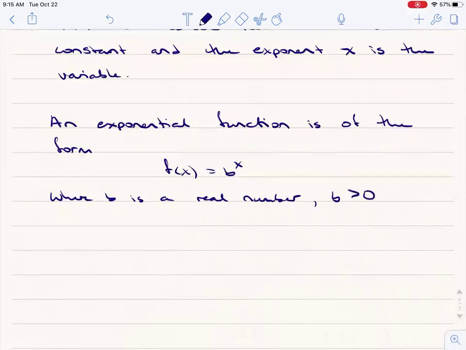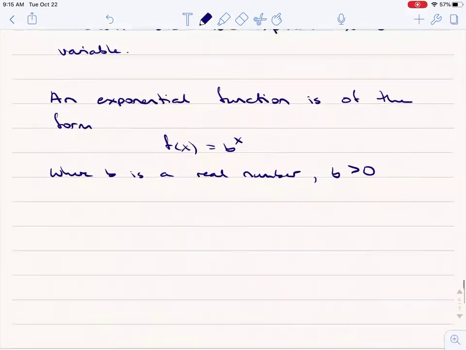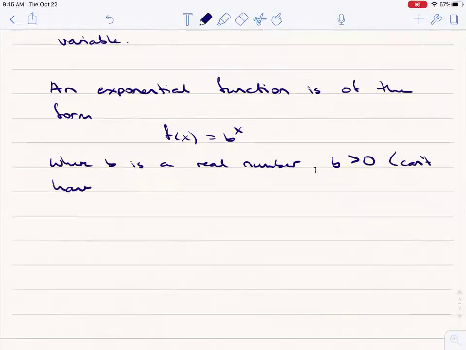B has to be greater than 0. That's kind of interesting, because what that says is we can't have a negative base. And b cannot be 1.